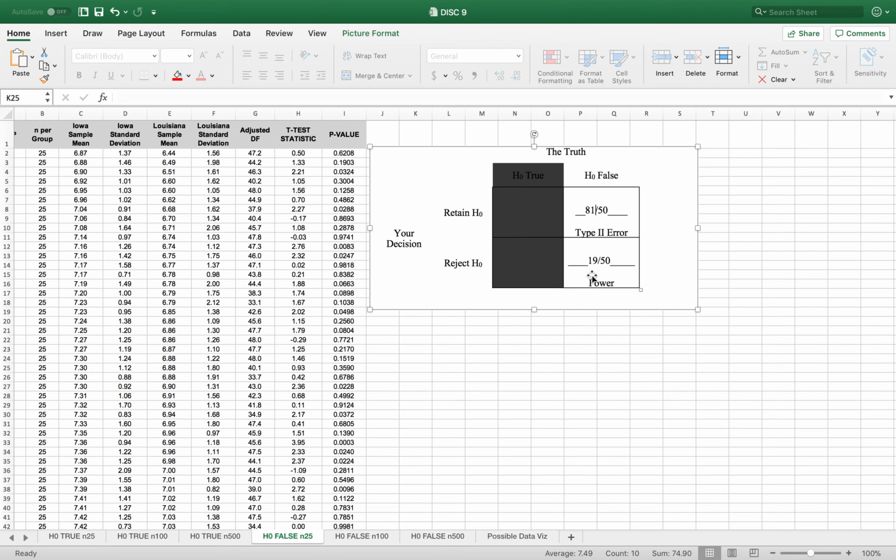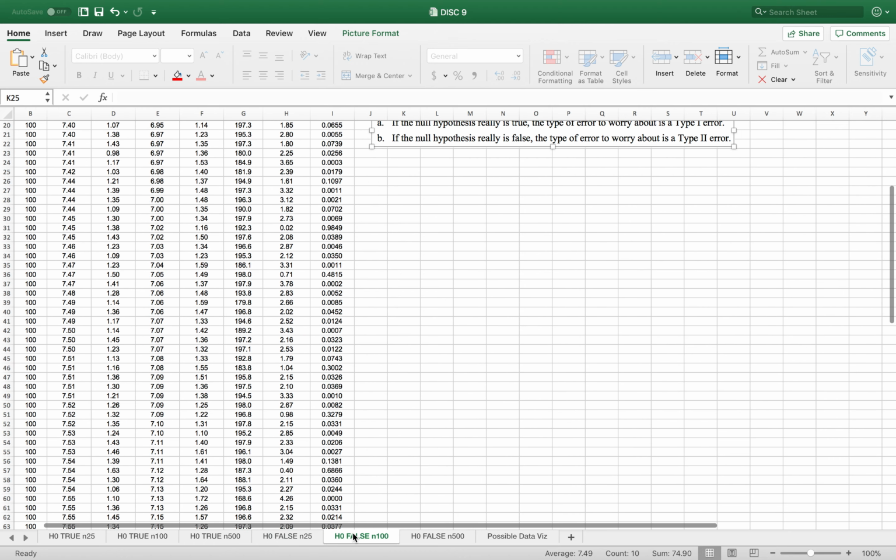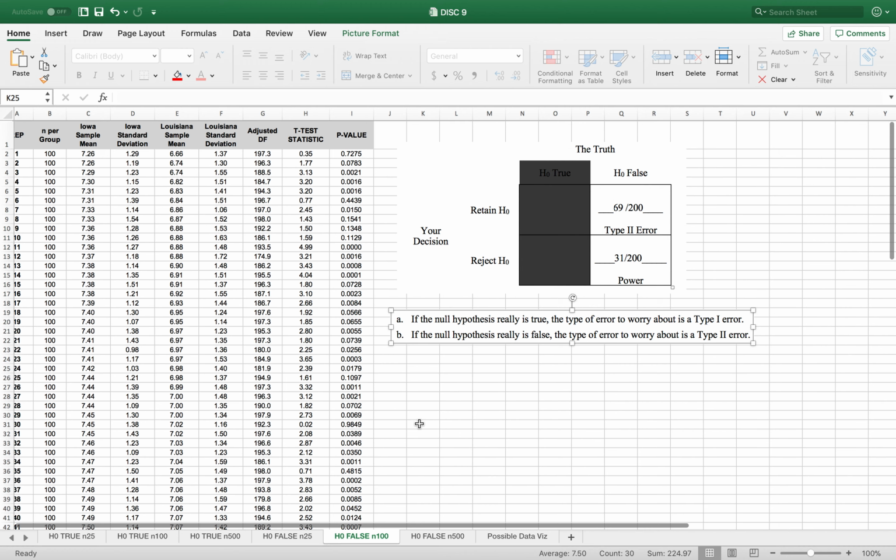The ones not equaling 7.5 is right here, 81, because I counted the ones equaling 7.5 and put that in the power, and the power is what we want. So that's the power.